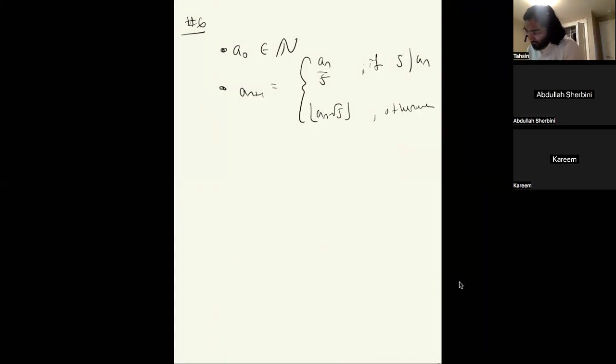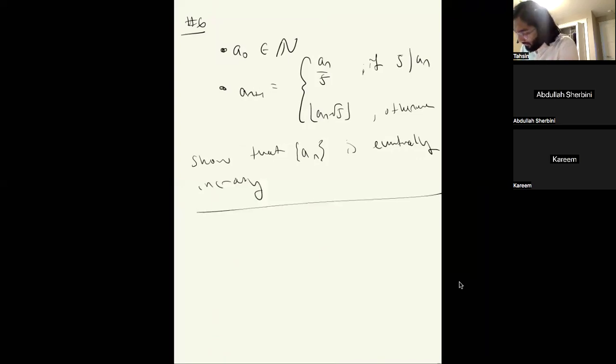Any ideas where we can start? The problem is to show that a_n is eventually increasing.